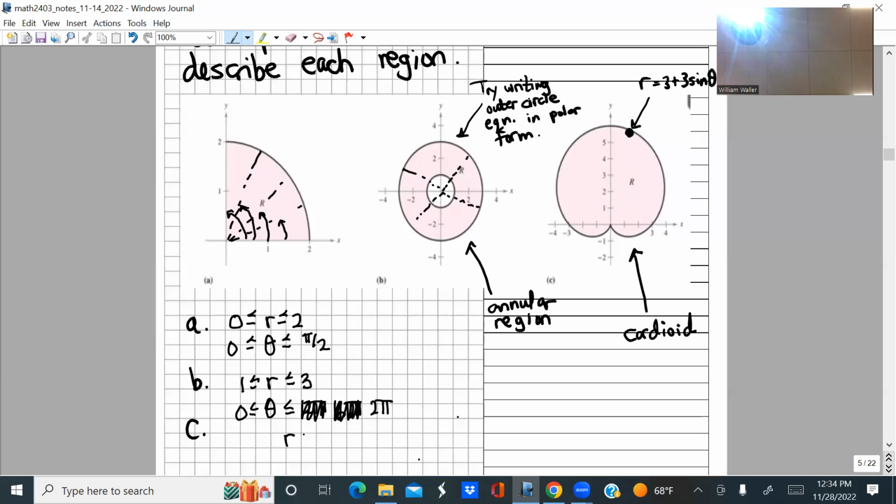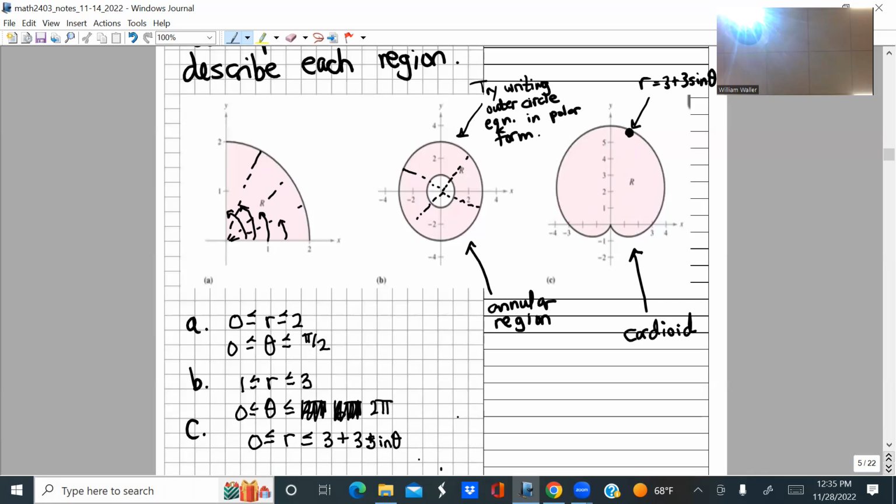Just change it to an inequality. So just take R values less than or equal to 3 plus 3 sine theta. That will give you points both on the black curve, where the R values are exactly equal to 3 plus 3 sine theta, and also points inside of the curve. And again, you can restrict your R to be greater than or equal to 0.